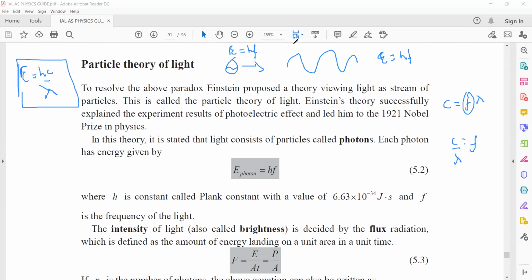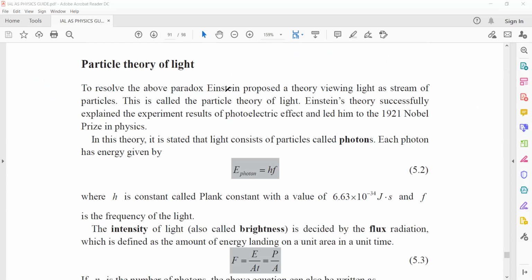So basically, to resolve the paradox, some of the scientists believed that light has a wave nature, and some believed that light has a particle nature. Why do some scientists believe light has a wave nature? Because the property of interference can only occur in a wave, like either crest joined with crest, or trough joined with crest, or trough with trough.